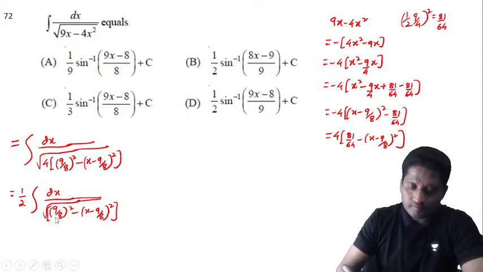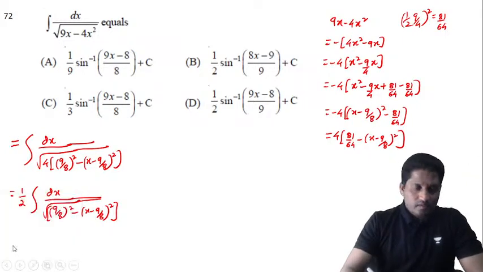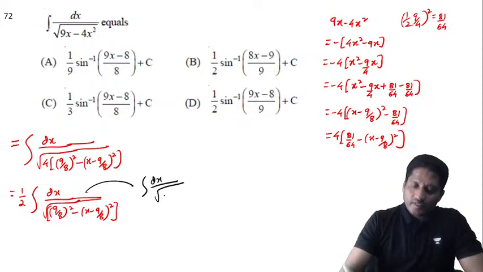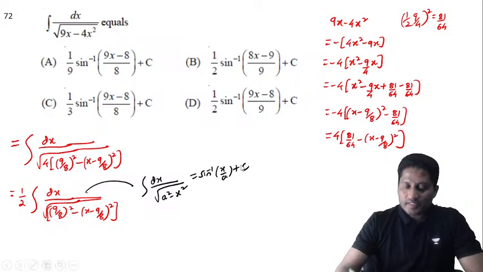Right, this is of the form dx divided by root of a square minus x square, which is sine inverse of x by a plus c.